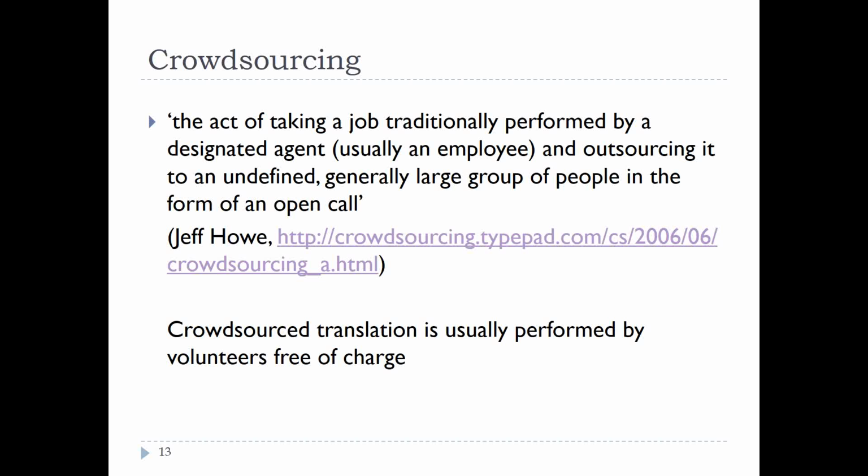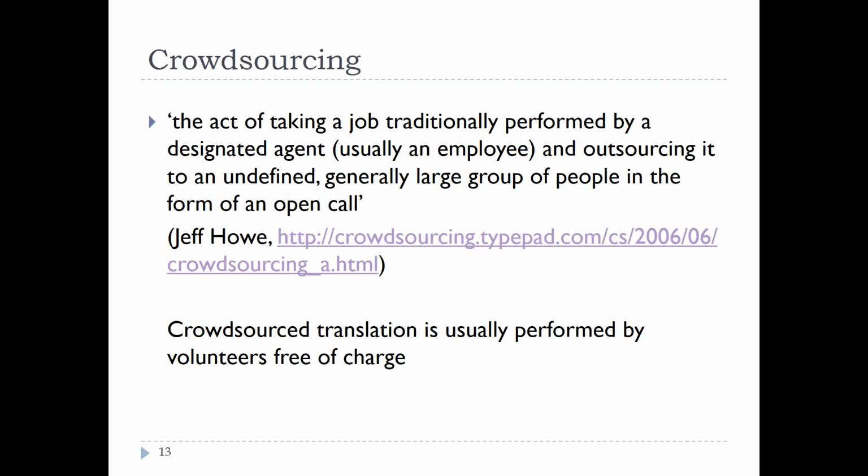Next, there is crowdsourcing. And this, to use a very standard definition, is the act of taking a job traditionally performed by a designated agent, such as an employee, and outsourcing it to an undefined, generally large group of people in the form of an open call.